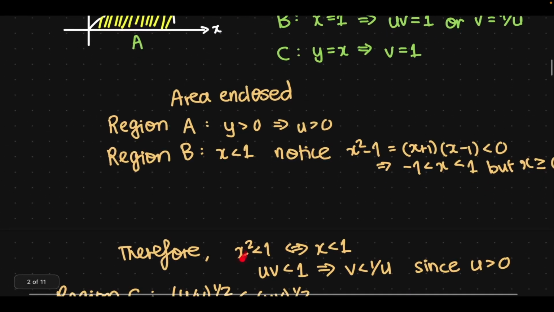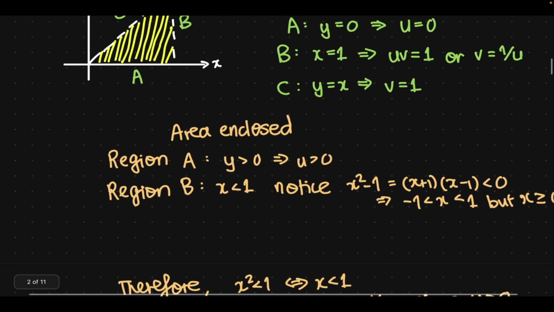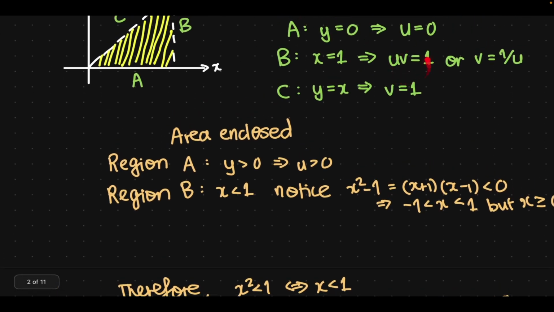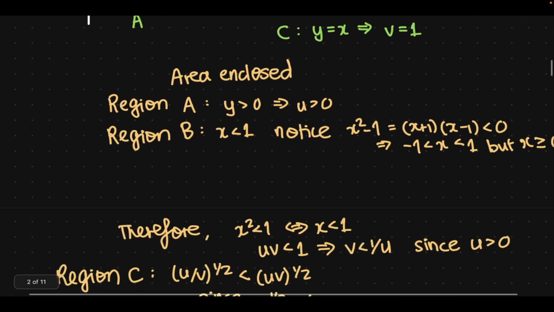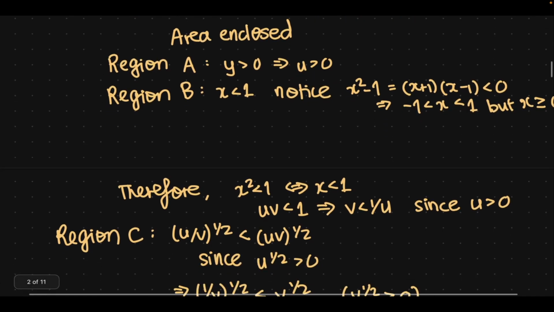Therefore, x squared is less than 1 is equivalent to x is less than 1, which is basically the inequality we want. And if we convert that, we get uv is less than 1, and then since u is positive, which we already established through region A, v is less than 1 over u.